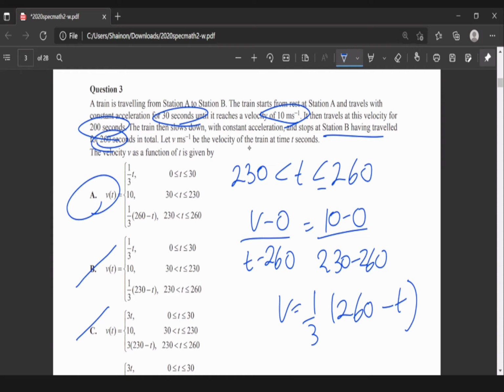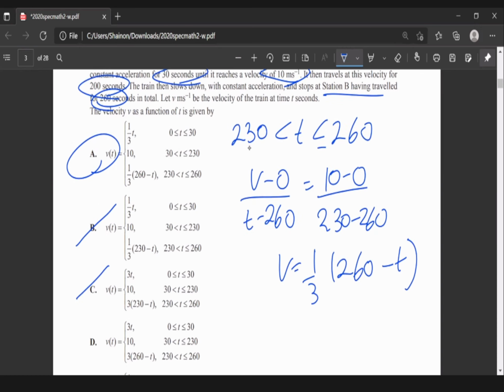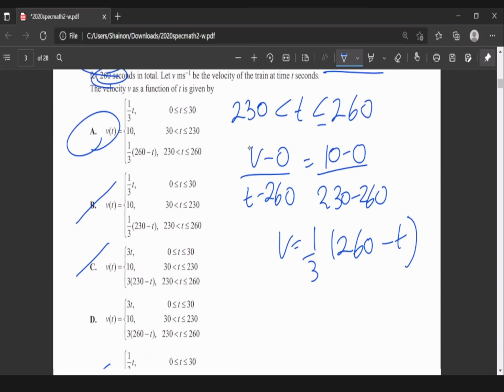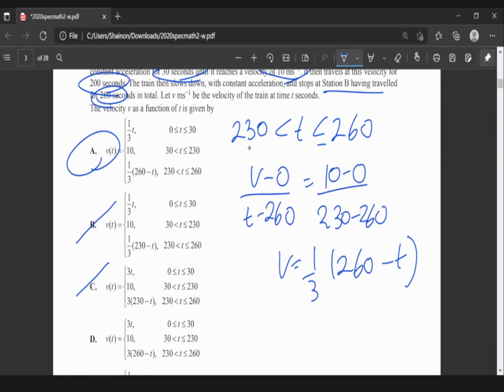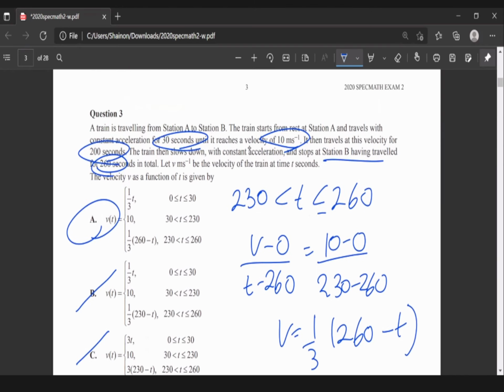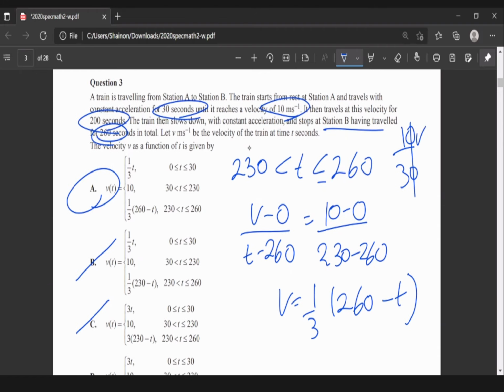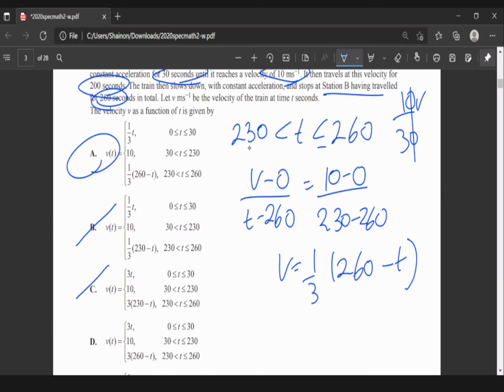And then we find the function, which is v equals 1/3 (260 minus t), which corresponds to a and d. And because at the start it's v equals 10, and it takes 30 seconds, so v equals 1/3 t, not 3t, so option A.